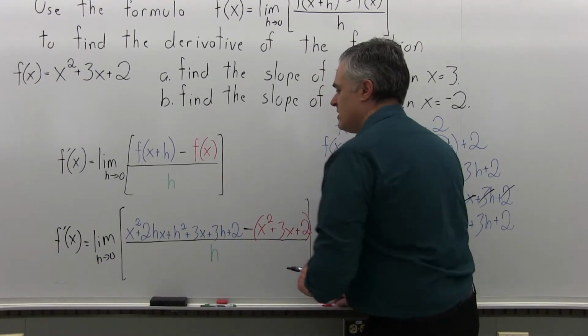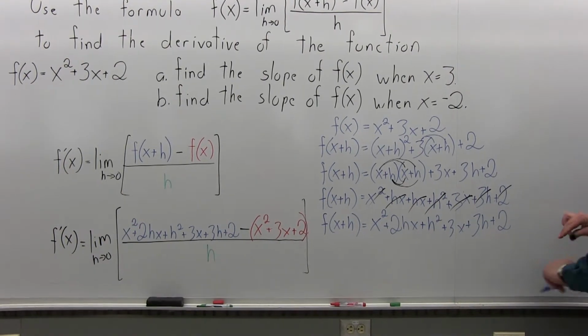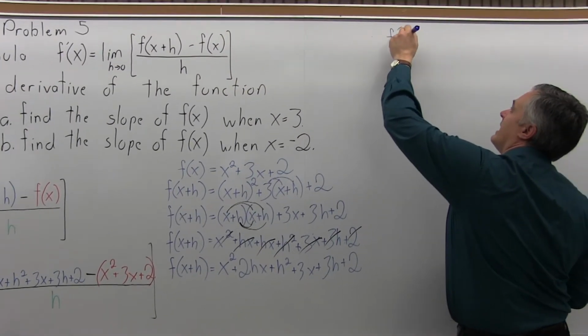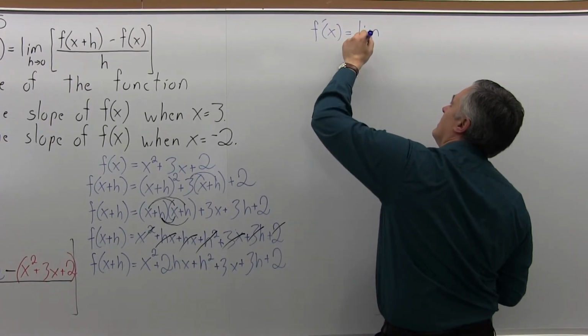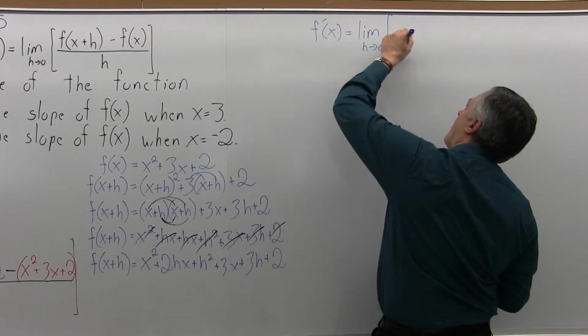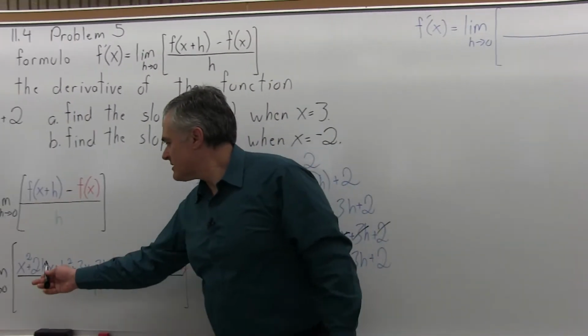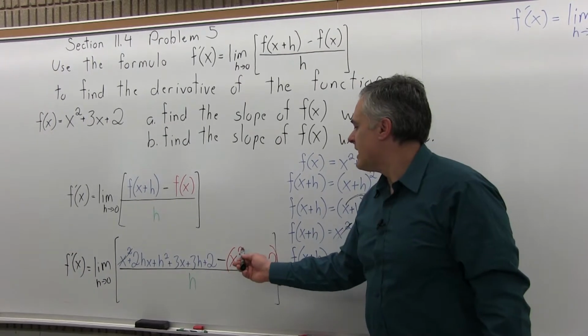So now any piece that does not have an h will cancel, and the pieces that have an h will stay. So let me write over here, f prime of x equals the limit as h approaches 0 of, and now as I start canceling stuff, positive x squared, negative x squared.